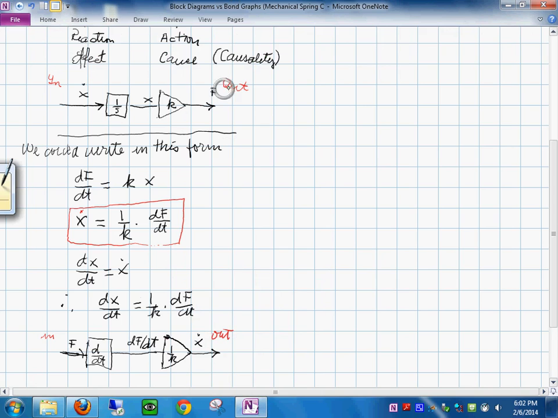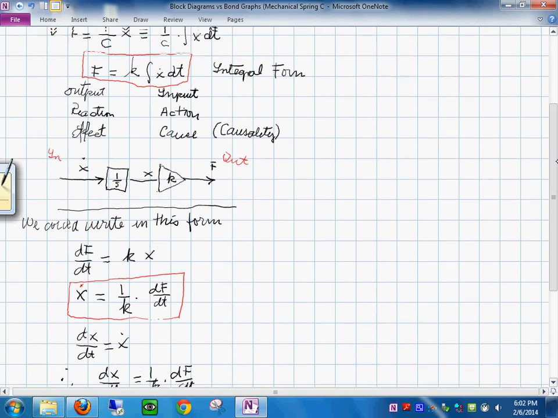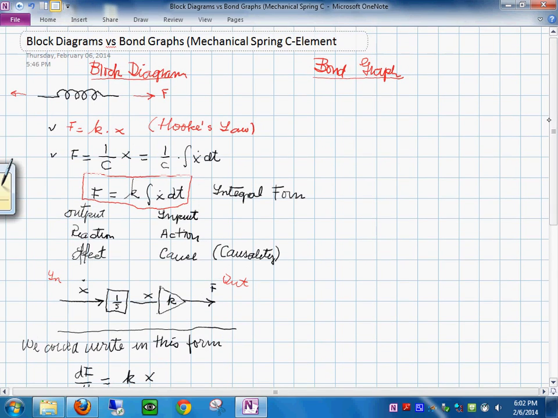So what can we conclude about the representation of the equations in block diagram? Let me ask the question correctly. What does it depend on, the way we draw the block diagram?